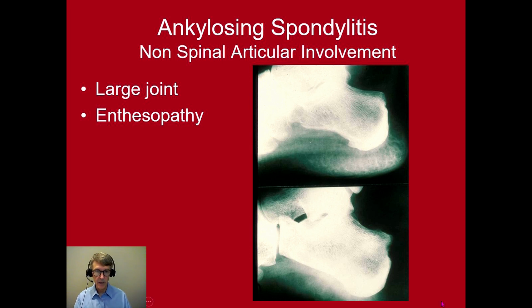In these two slides, one can see an enteropathy of the insertion of the Achilles tendon. There's an erosion, or they can have inflammation insertions of the plantar fascia into the calcaneus. This is just sort of obliterated with edema down here, and you can't see that.